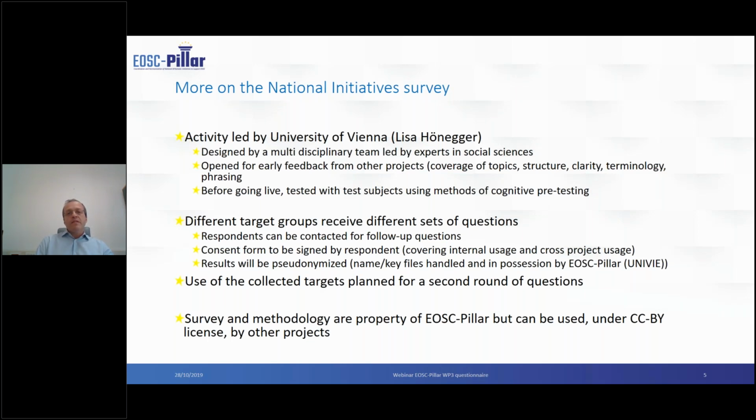Every questionnaire should be filled in with the right hat on, I would say. So if you are responding as an expert of a given service, all the questions have to be answered having in mind that you are writing text or clicking boxes as an expert for that specific service.